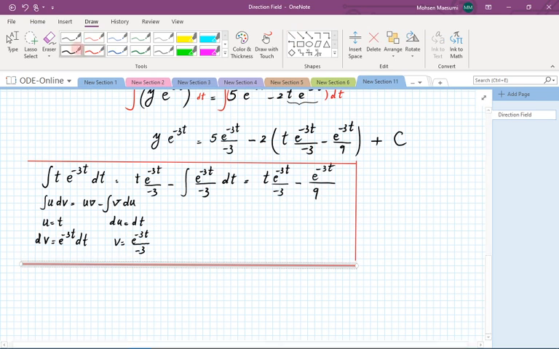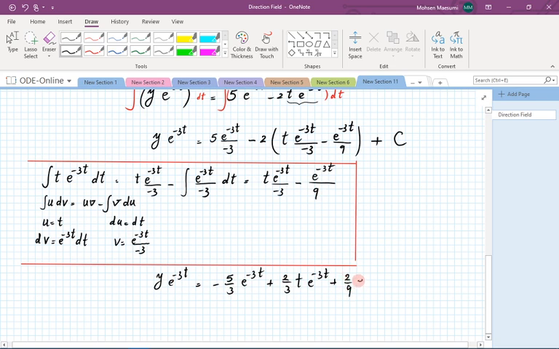So let's go ahead and clean up our expression here. So I have y exponential of minus 3t. That's equal to minus 5/3 of exponential of minus 3t multiplied by minus 2. So it becomes plus 2/3 of t exponential of minus 3t. And this becomes plus 2/9 of exponential of minus 3t and a constant.